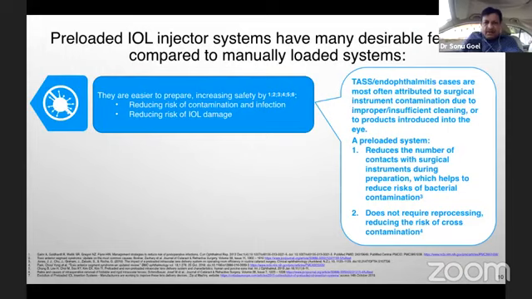Preloaded IOL injector systems have many desirable features compared to manually loaded systems. They're easier to prepare, increasing safety by reducing the risk of contamination and infection. Gone are those days of TASS and endophthalmitis because of the loading of IOLs, and the risk of IOL damage is reduced.